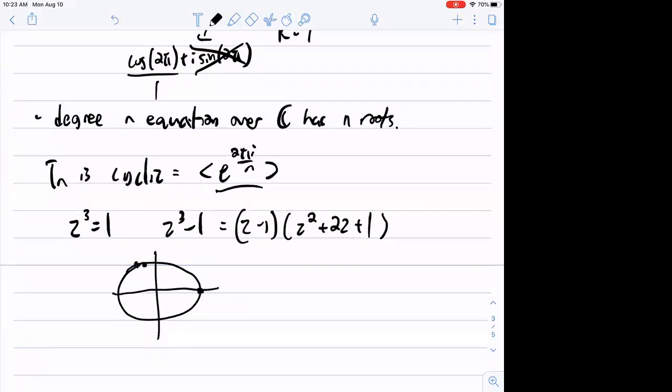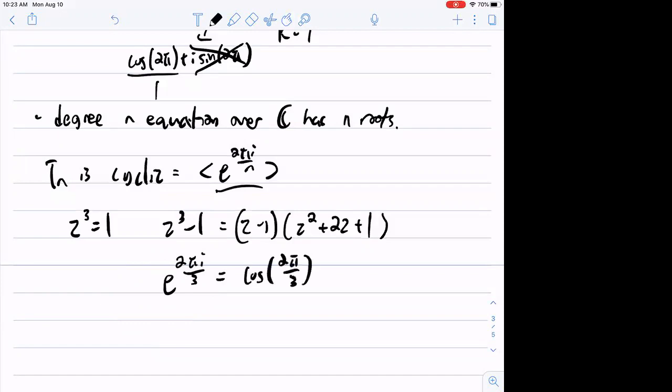I'm not good at drawing. What is this? It's e to the 2 pi i over 3. I'm really bad with trig right now, but you get this.